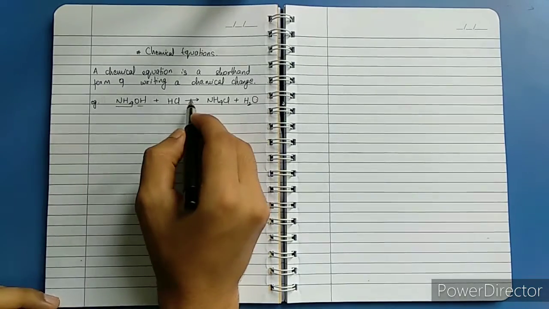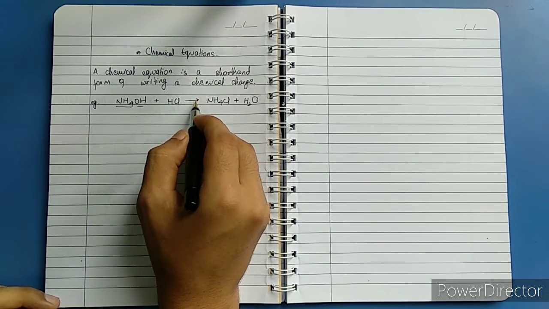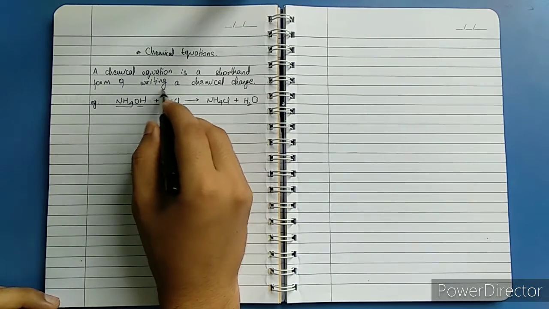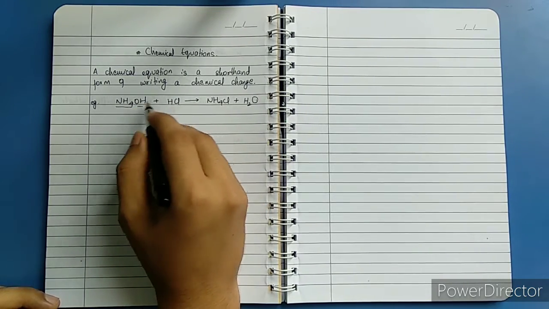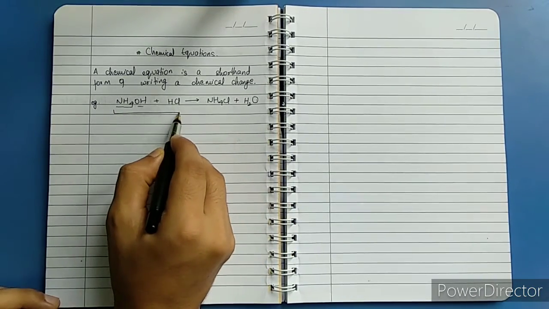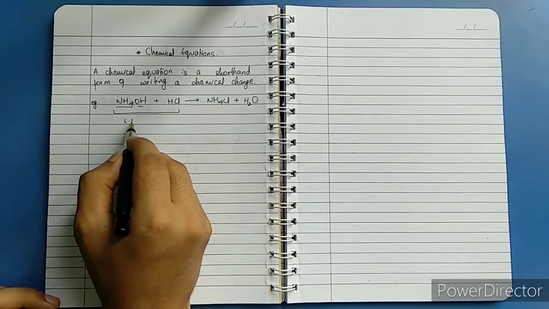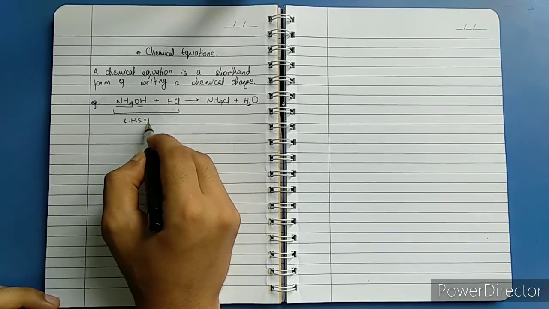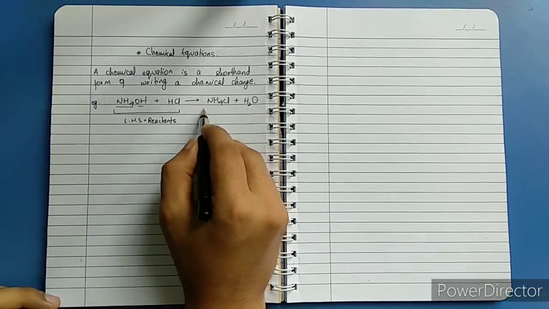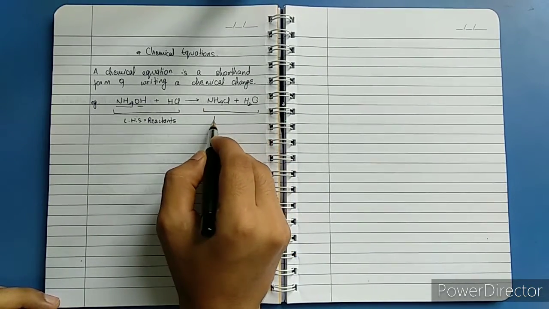This arrow determines that the left side of the arrow is the reactants. This was there initially, and these reactants react to give the products. So on the left hand side of the arrow we have the reactants, and on the right hand side of the arrow we have the products.